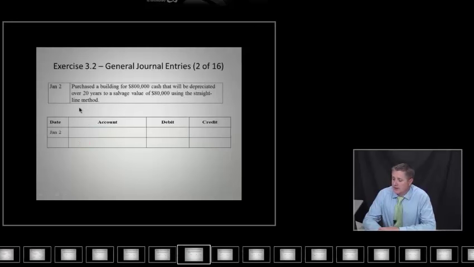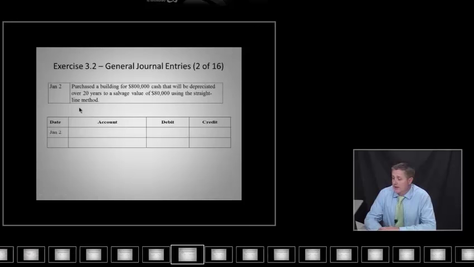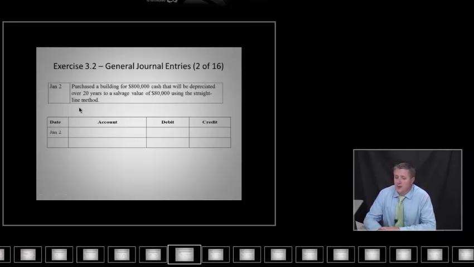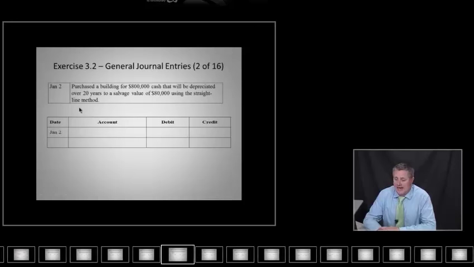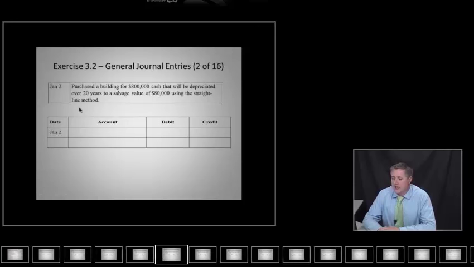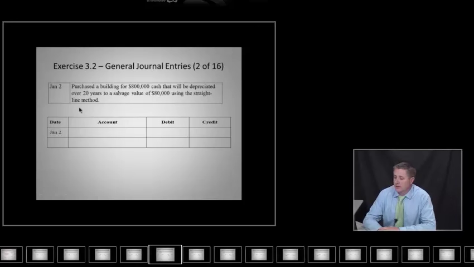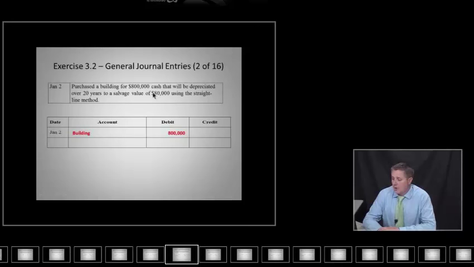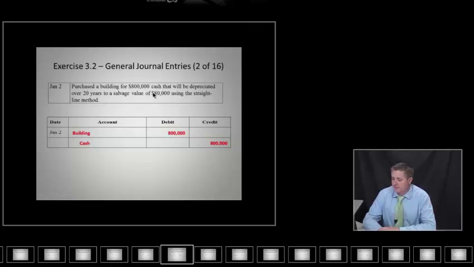Our next transaction, on January 2nd, we purchased a building for $800,000 cash that will be depreciated over 20 years to a salvage value of $80,000 using the straight line method. Here again, we're using cash to acquire another asset, so we're going to debit building for $800,000 and credit cash for $800,000.